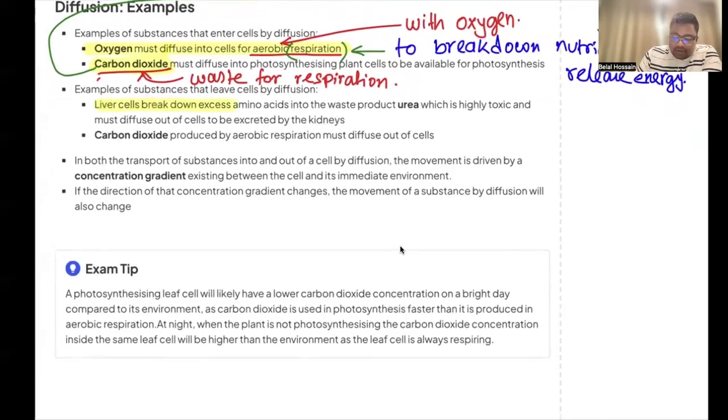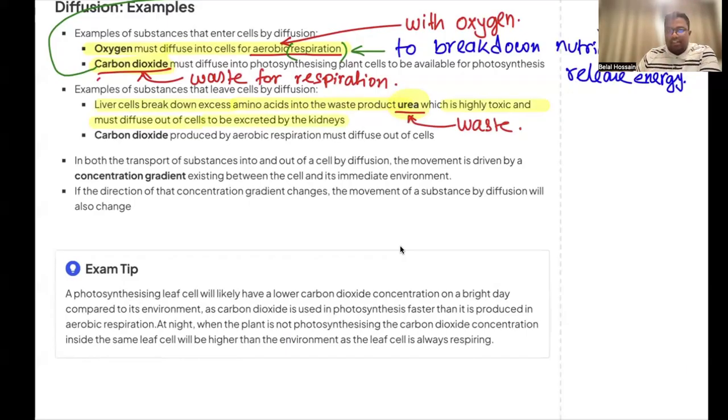Liver cells break down excess amino acids into the waste product urea. Why are we talking about this waste? Because we need to get rid of it. So liver cells produce urea, and urea is a waste, highly toxic, so it must diffuse out of the cell to be excreted by the kidney.